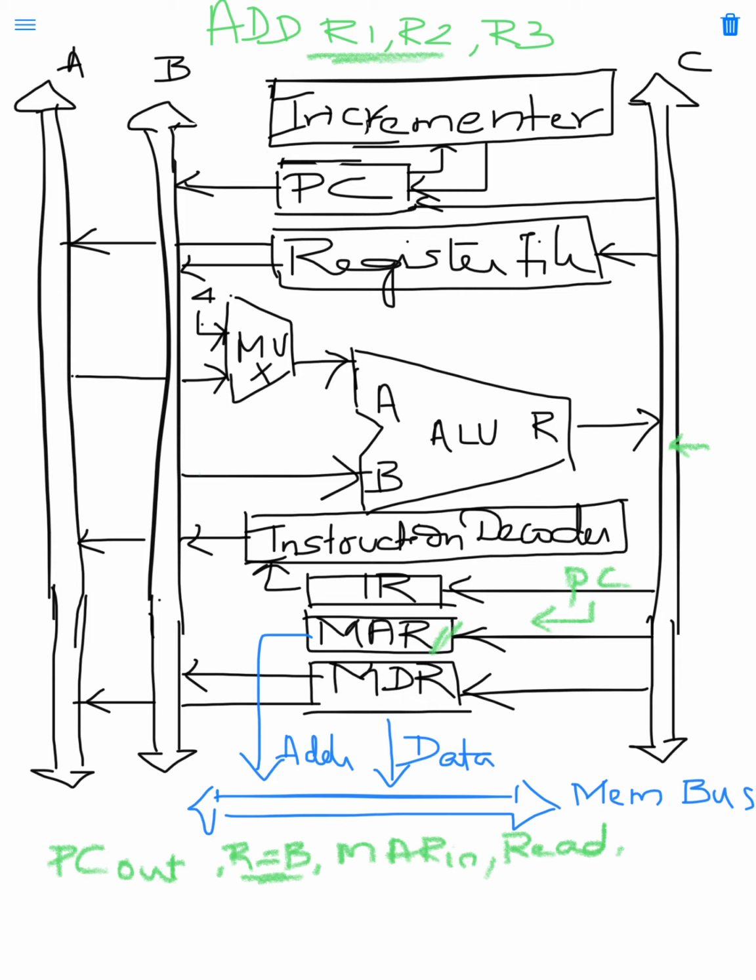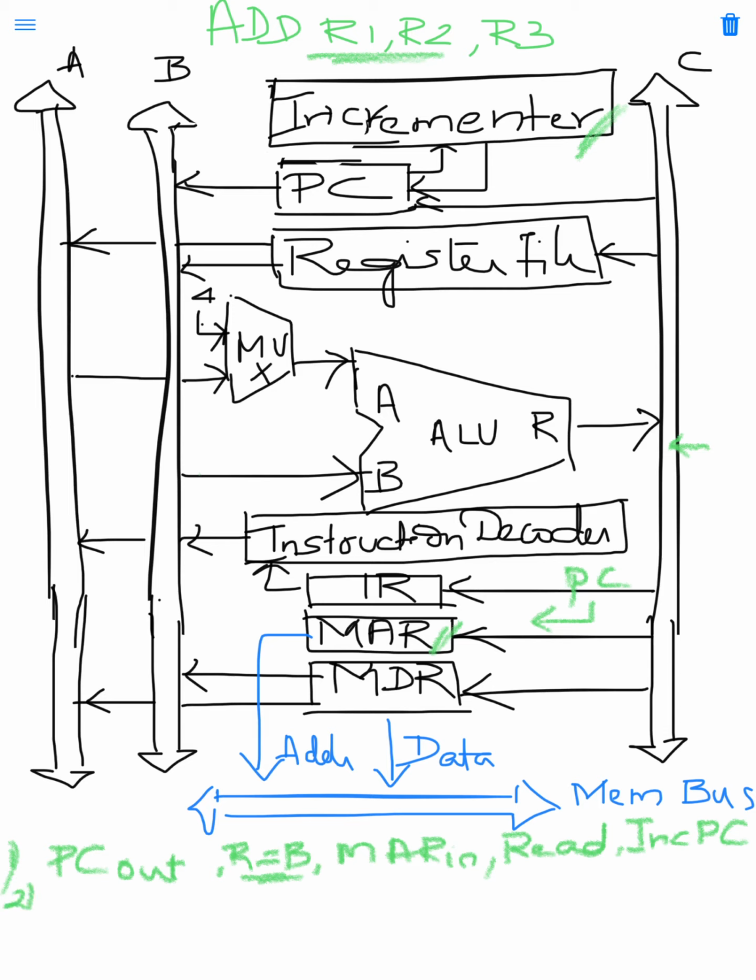As we have said, we have an incrementer unit. Making use of that incrementer unit, it generates a signal INC PC, which helps in updating the PC value to the next instruction address. So this is the first step in which control signals are generated.